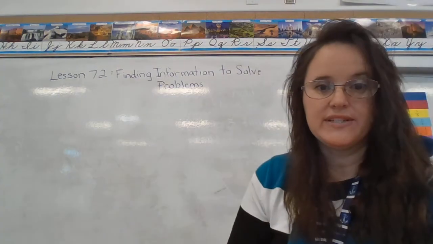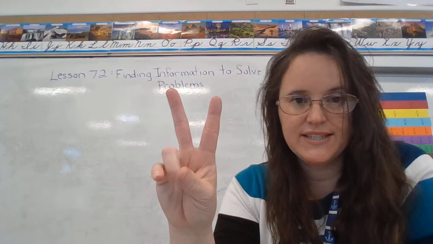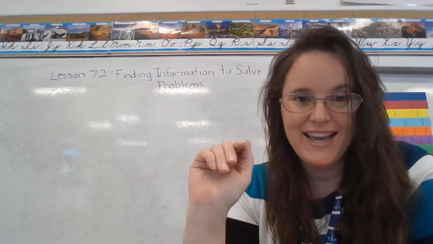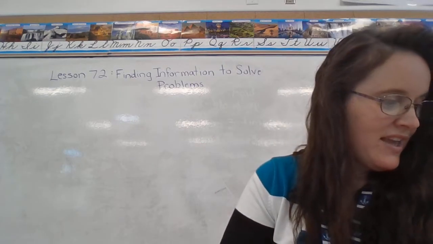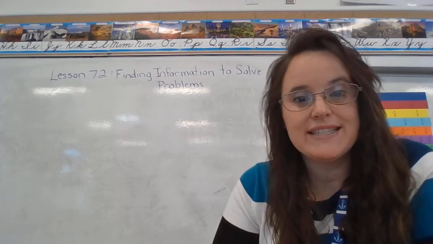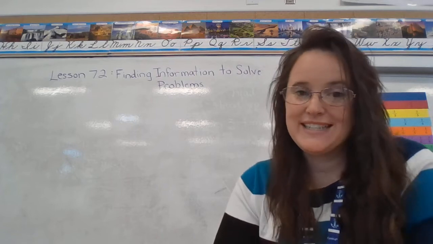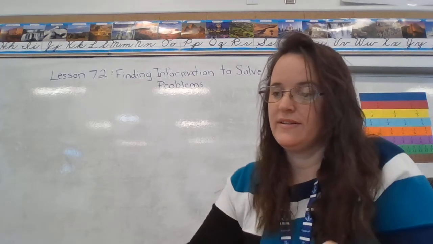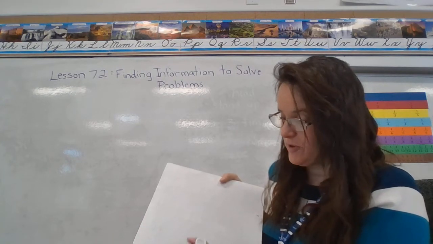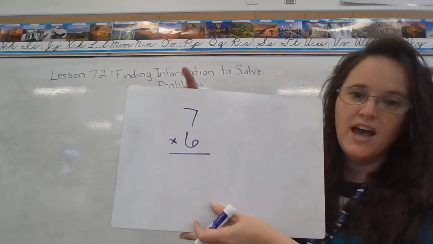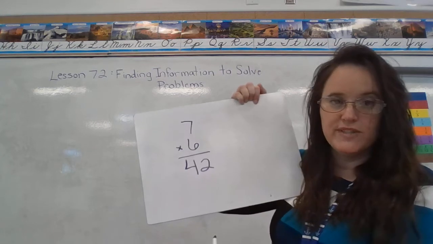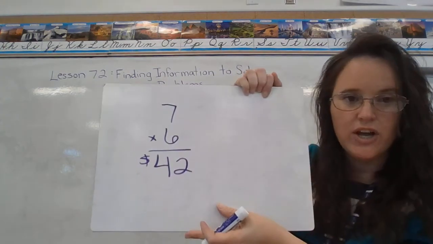So he worked 3 hours. He got $6 for the first hour, $6 for the second hour, $6 for the third hour. So he made $18 in the morning. How much did he earn in all? He worked a total of 7 hours. He got paid $6 for each hour. So this time we'll turn it into a multiplication problem because I don't want to count by 6 7 times. I'd rather just have it memorized that 7 times 6 equals 42. So he earned $42 for the day.